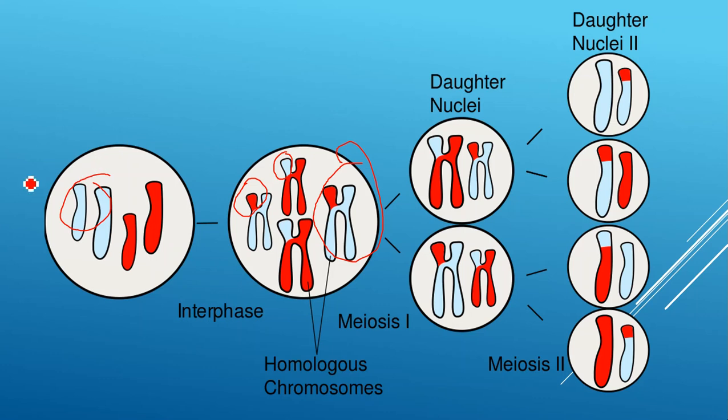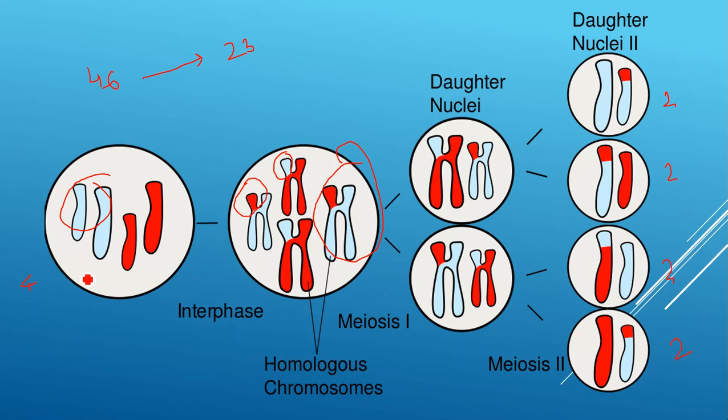If any organism has chromosome number 46, then after both cycles of meiosis, it will become 23 in each cell. Let me show you the example. You can see the number of chromosomes in the very first cell is 4. Now you can see the daughter cells. Each daughter cell has 2 chromosomes. That means just half.